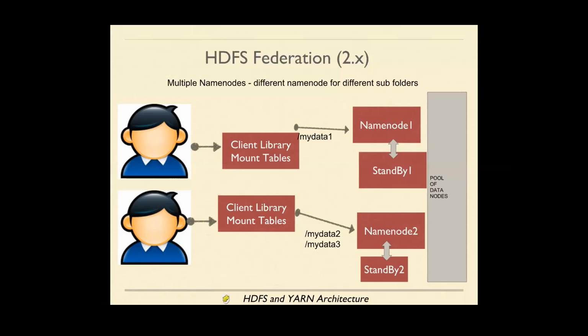The information about a file is always on one name node, not on another. Therefore, for the client, it doesn't switch between the two name nodes for reading a file. Was I able to explain?